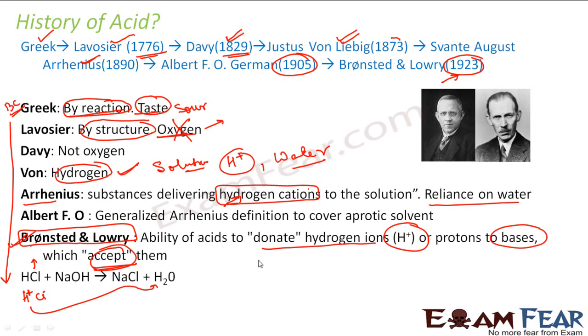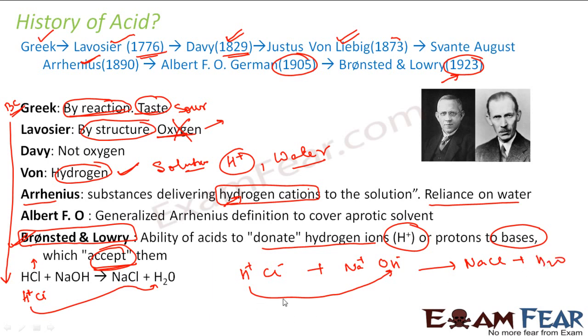This reaction is something like this: H plus Cl minus plus Na plus OH minus. What happened is this hydrogen ion is given to this one. This one is accepting the hydrogen ion, so it is a base. This one is losing a hydrogen ion, so it is an acid. So this becomes NaCl because Na and Cl were left, so they combine, and H2O because OH plus H becomes H2O.